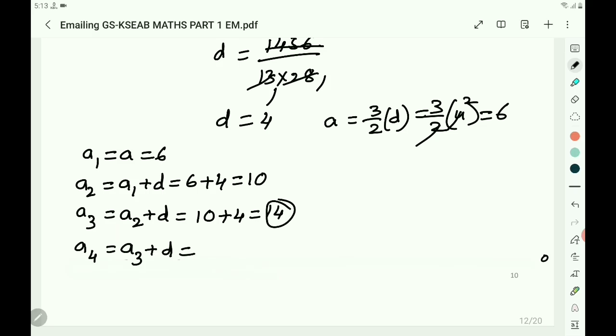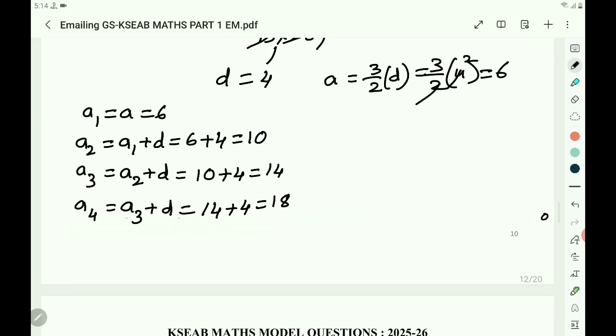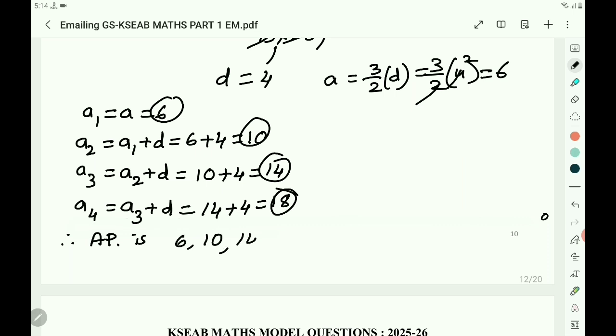A3 is 14 plus 4 equals 18. Therefore AP is 6, 10, 14, 18, and so on.